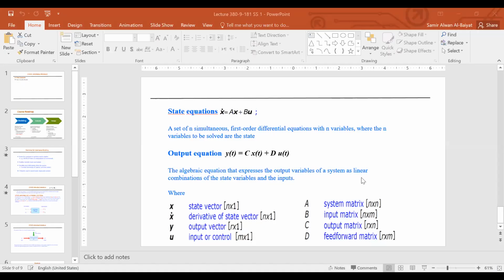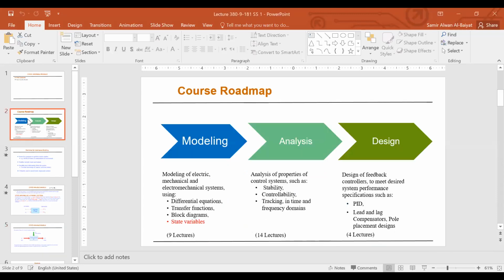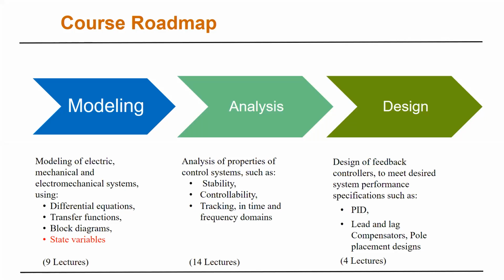Okay. Now we would like to move into a new topic. Let me put this course roadmap again to remind you where we are, what we did, and where we are going.